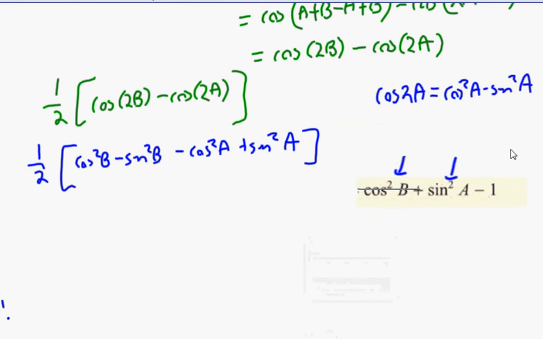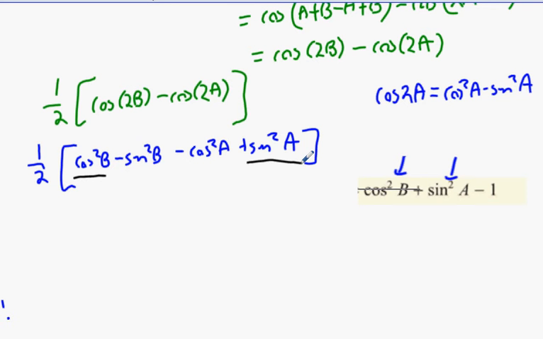That's my aim. Now, cos squared b is allowed. Sin squared a is allowed. What's not allowed is the sin squared b and the cos squared a. Do you see that logic?